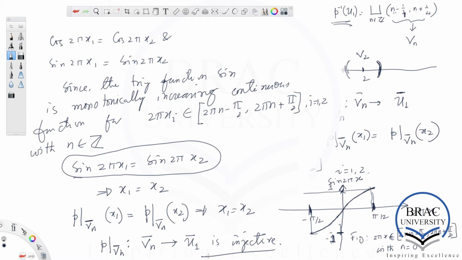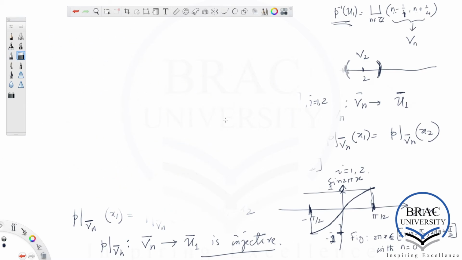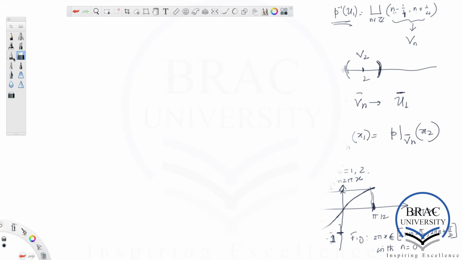Now we need to prove that it's surjective. In other words, we are going to prove that it's bijective, right? For the surjectivity part, observe that P restricted to the closure of Vn, from the closure of Vn to the closed arc U1 bar of S1.